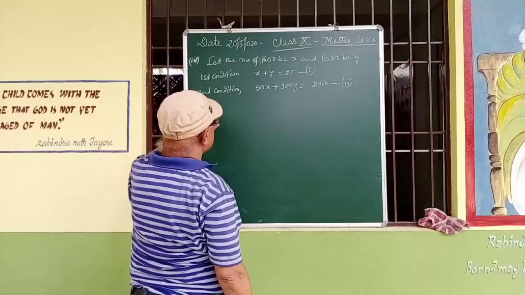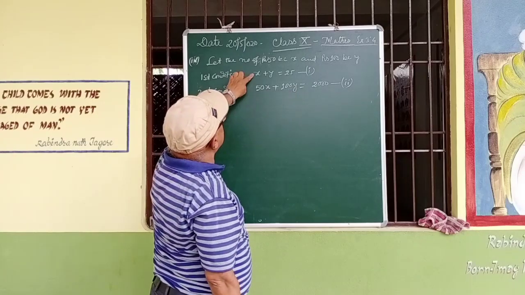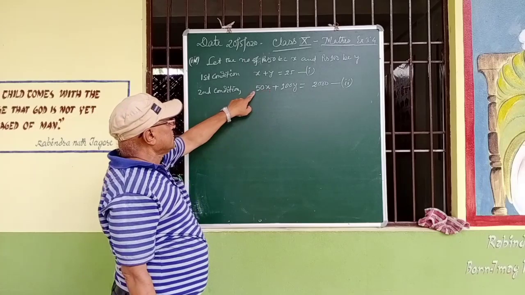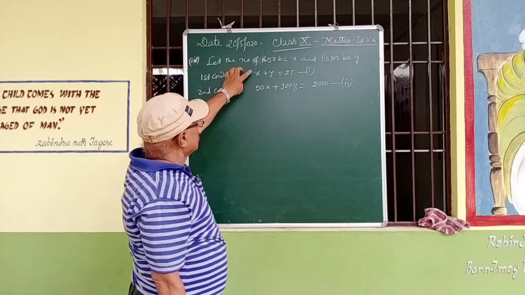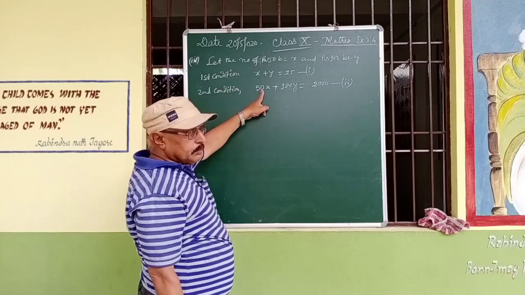Now to eliminate either x or y, we have to multiply. Here the coefficient of x is 1 and the coefficient of x is 50. So equation 1 we multiply by 50 and equation 2 we multiply by 1.